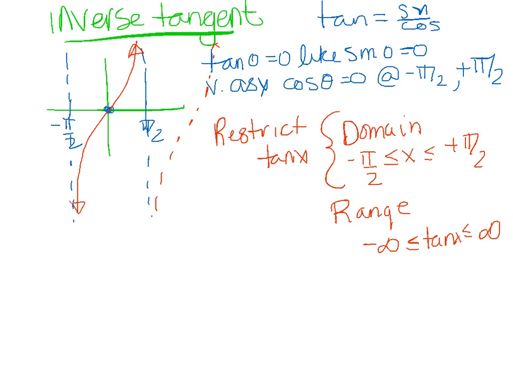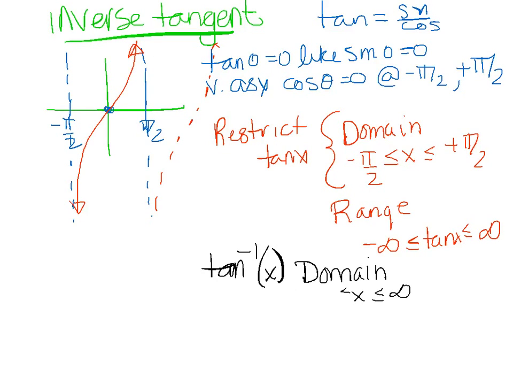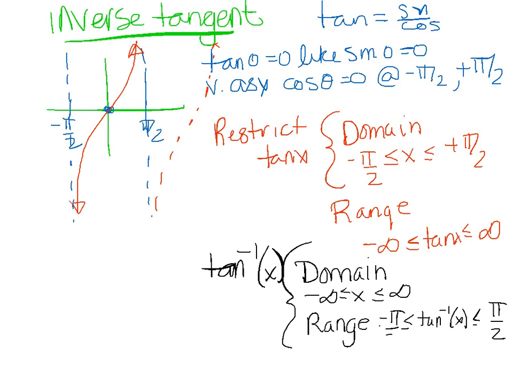So now when we turn these around for the domain and range of inverse tan, the domain will be x has to lie between infinity and negative infinity, and the range will be this short period, tan inverse lying between pi over 2 and negative pi over 2.